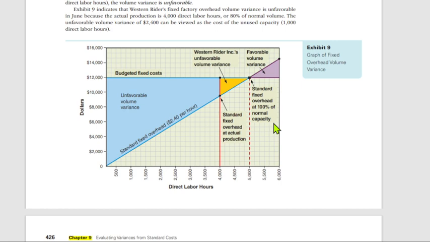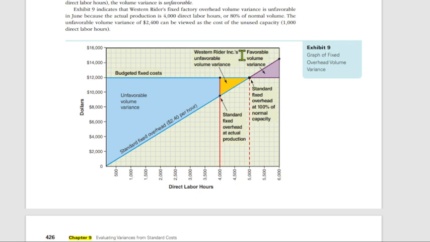Okay, tingnan mo itong Exhibit 9, the graph of fixed overhead volume variance. Itong horizontal line na ito is the budgeted fixed cost na hindi nagbabago whether kahit na pa tumataas yung direct labor hours as our activity level. Okay? The standard fixed overhead is said to be 2.4 per hour.